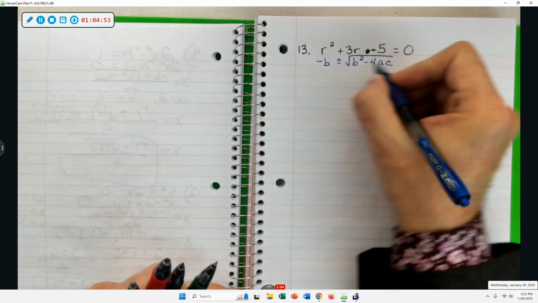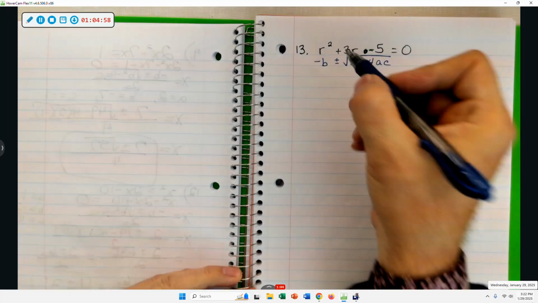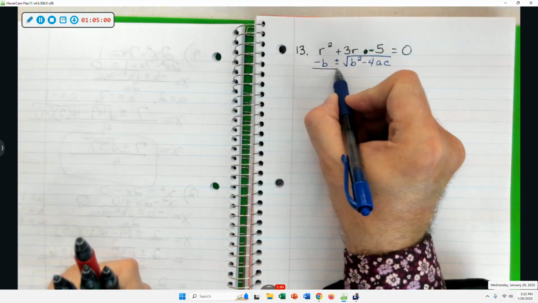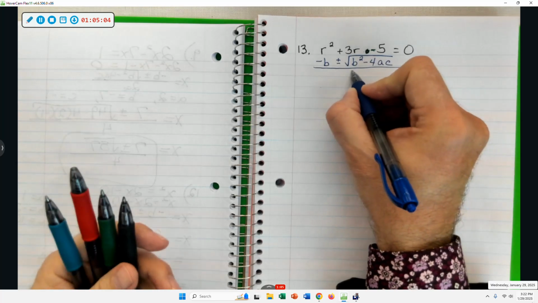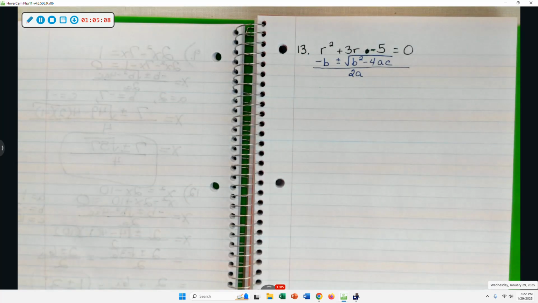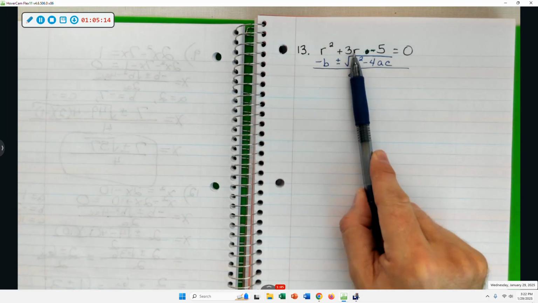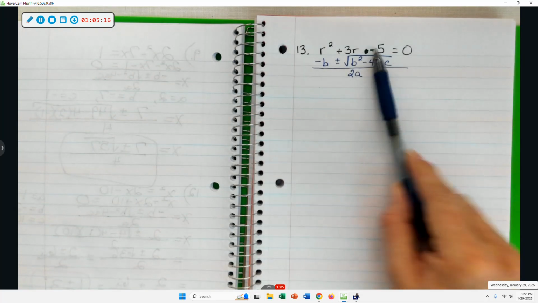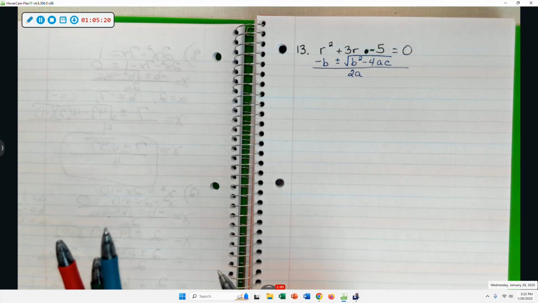I should have asked, are we going to need to move anything around or is it in standard form? Ignore that mess right there. It's just supposed to be a minus 5. But is it in standard form? 0 on one side, r squared, r, constant. It's in standard form. We're ready to identify the a, b, and c.